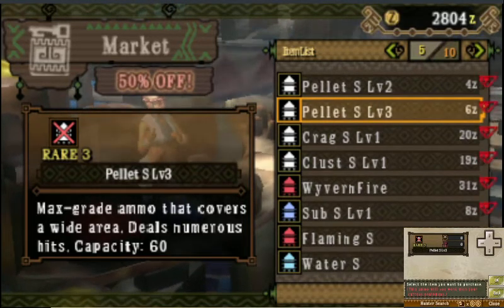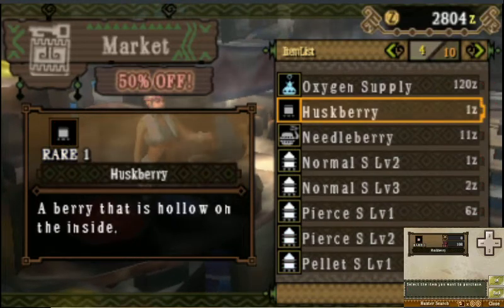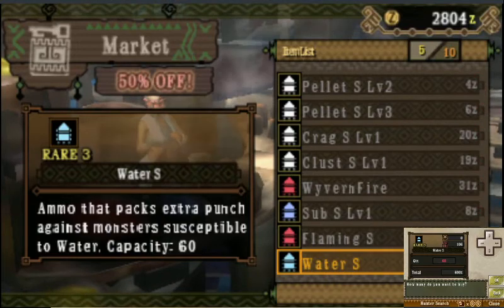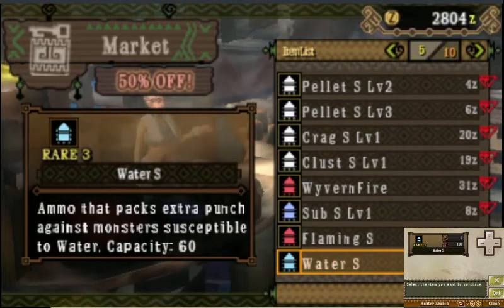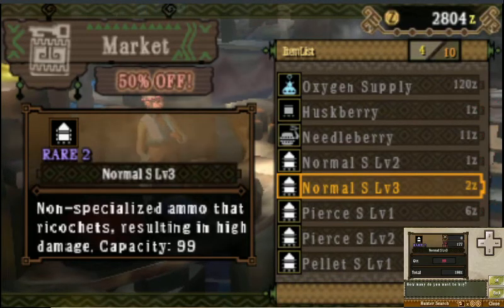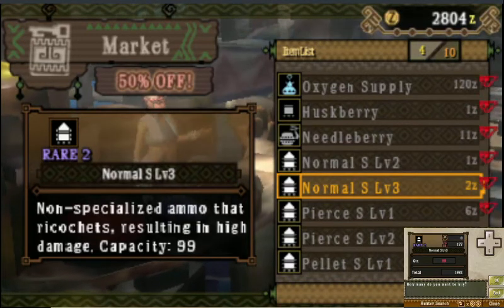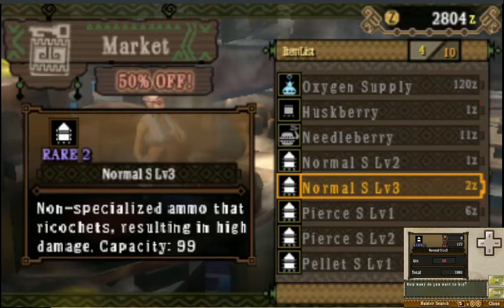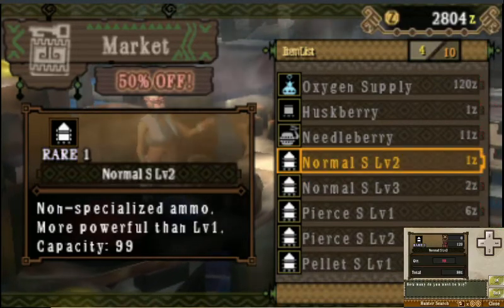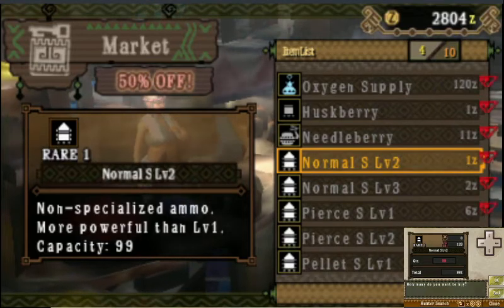So that's 1,200 zenny. So I can comfortably buy as many water shots as I want, as well as 99 normal shots. So this is around 200. In addition to 600, this will bring me to about 800, and this about 900 total.